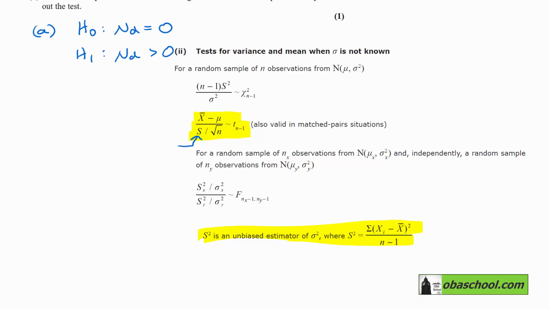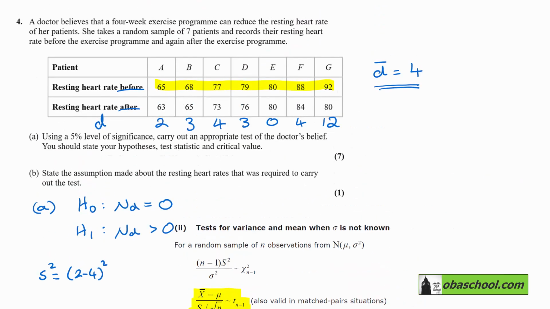So that is going to give me that S squared is... So we just need to do each one of these individual ones, and we know that the mean is 4. So it's going to be 2 take away 4 squared. Remember, the first value of D was 2, so I'm just using those values there. The next one is 3.